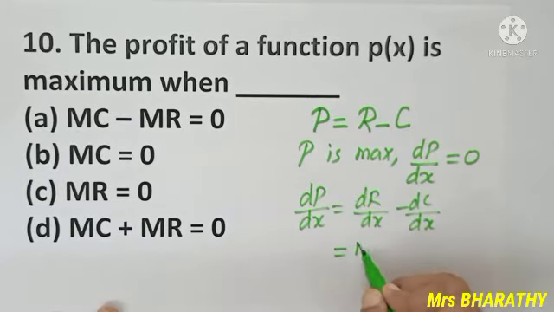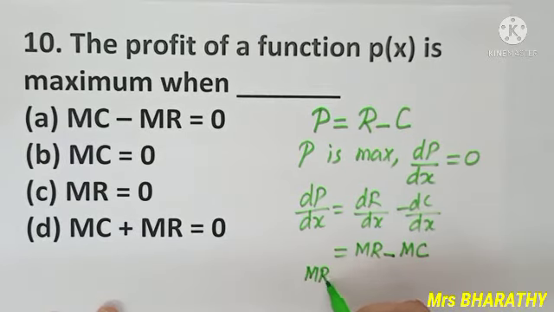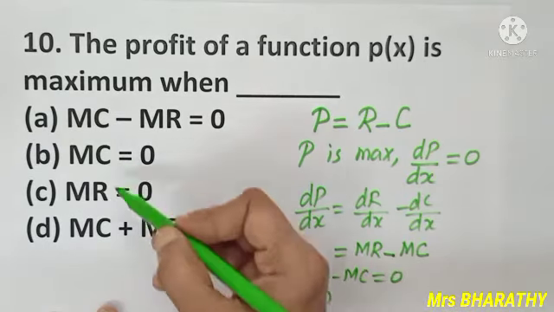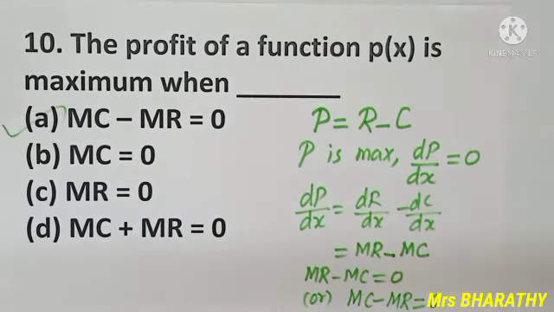This I can say is marginal revenue and this I can say is marginal cost. So this condition reduces to MR minus MC equal to 0, or in other words, according to the choice given, I can rewrite this as MC minus MR equal to 0. Option A is the right choice.